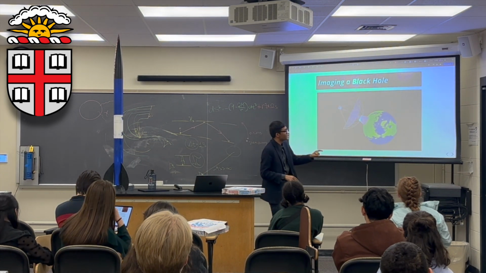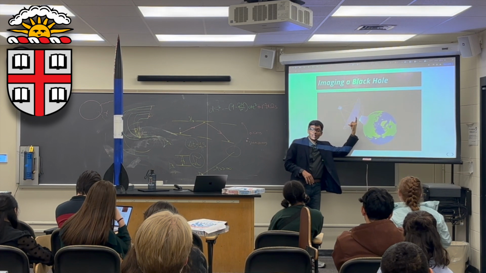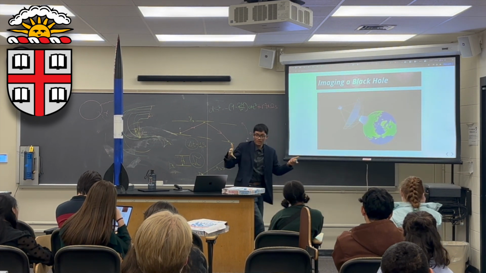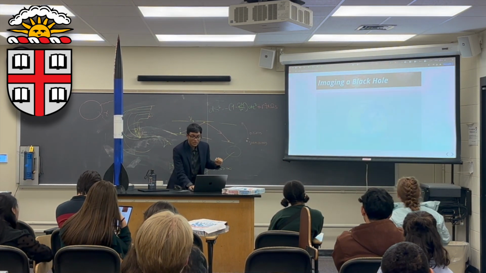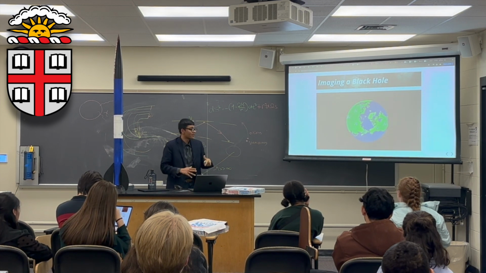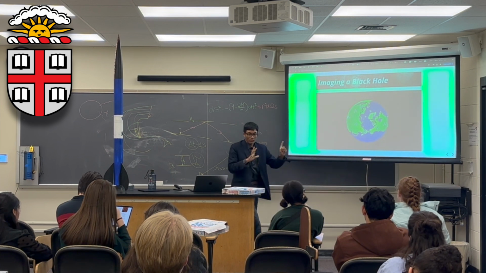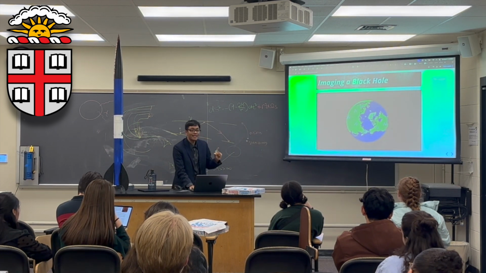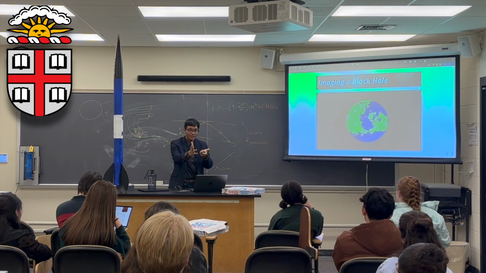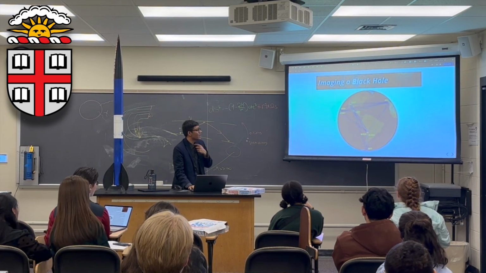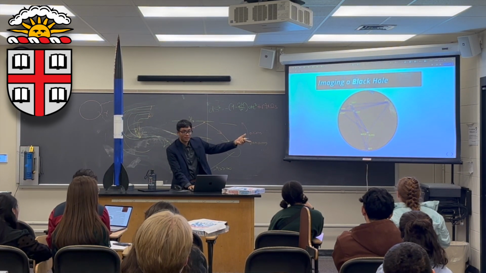But if you want to take a picture of a black hole, it turns out you need a radio telescope the diameter of the Earth, which is impossible. But the same job can be done by lots of tiny telescopes all around the Earth if they combine their data using radio interferometry. That's what the Event Horizon Telescope collaboration is.